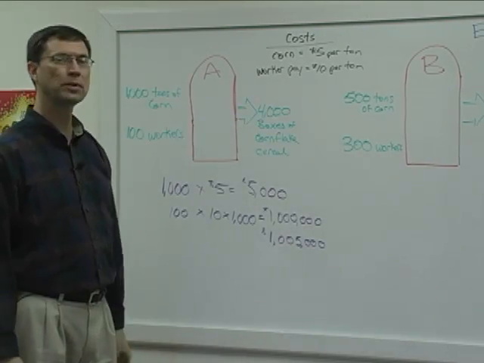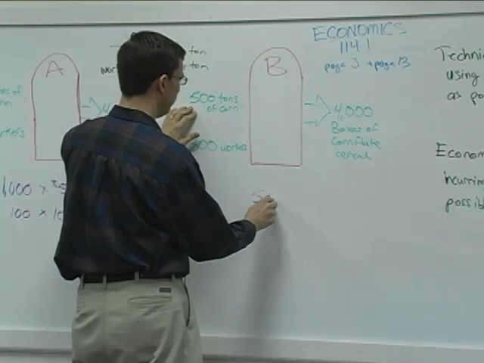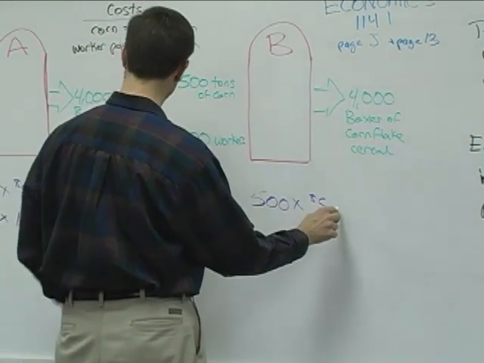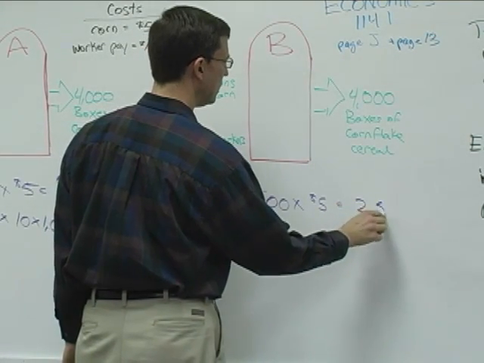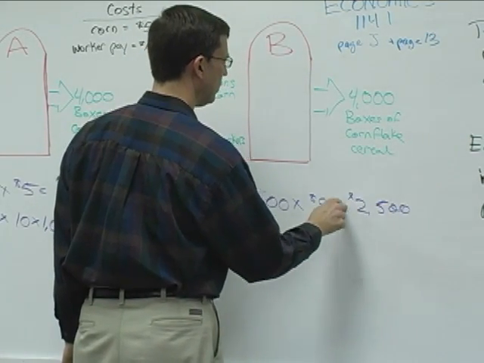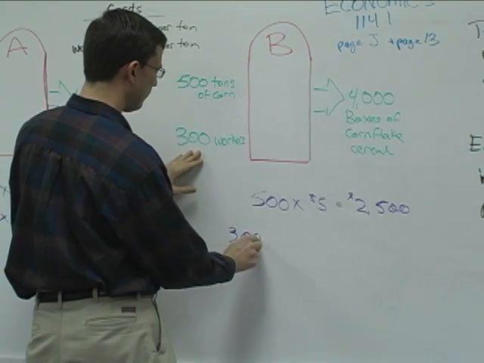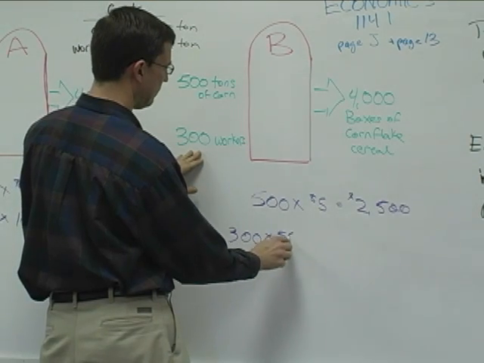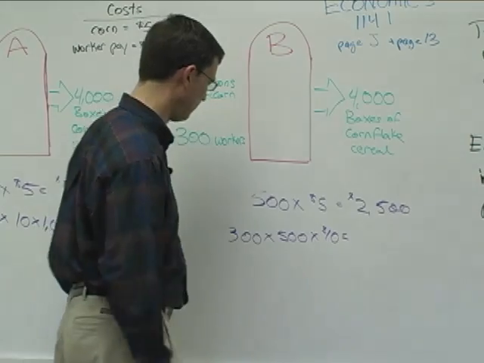Now let's do the same thing with the second factory. We have 500 tons of corn at $5 each, which is going to be $2,500. We have 300 workers at 500 tons times $10 per ton.